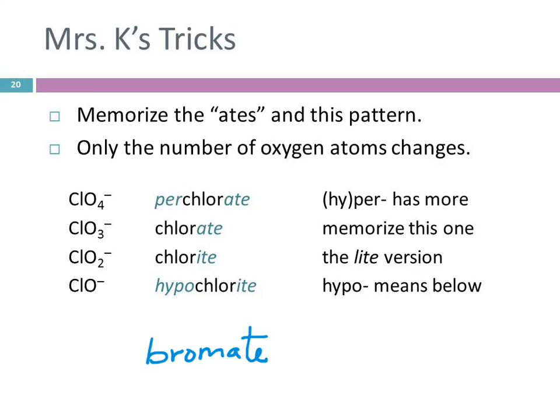Chlorine and bromine are like sisters. They have a lot of things in common, and their relationships with oxygen are the same. So if chlorate is ClO3-, what do you think bromate is? It's BrO3-. Same number of oxygen, same charge. Just swap out the bromine and the chlorine.